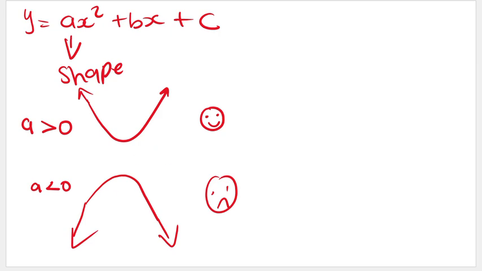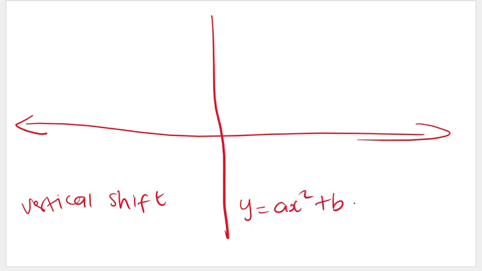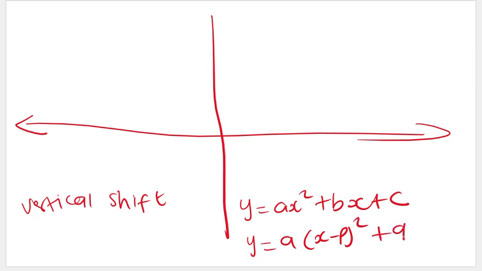And then another important thing is obviously the shift. Our graph can go up and down. When we talk about the vertical shift, I'm going to reference only two forms of the equation: y equal to ax squared plus bx plus c, and also y equal to a(x minus p) squared plus q.